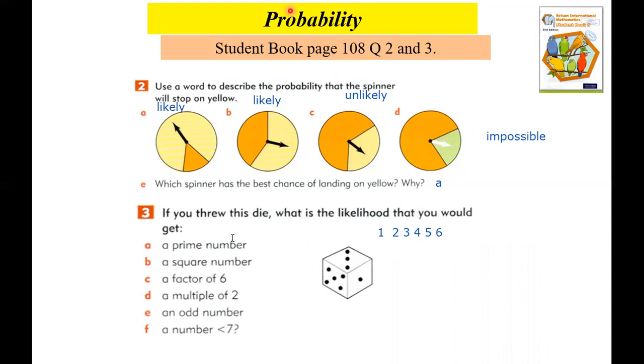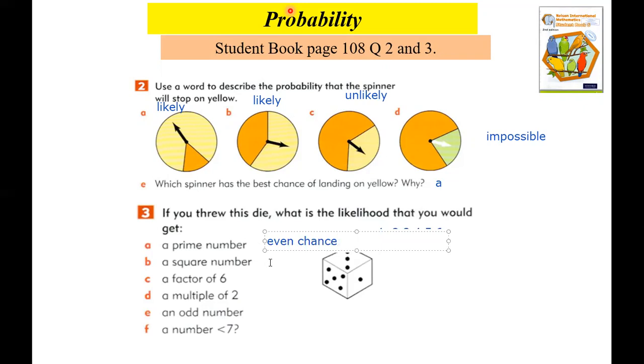So a prime number, what is the probability that when we throw the die, a prime number will appear? Let's see the prime numbers here. We have 1. 1 isn't a prime number. We have 2, 3, and 5. So for a prime number, we have 1, 2, 3 out of 6, so it will be even chance.